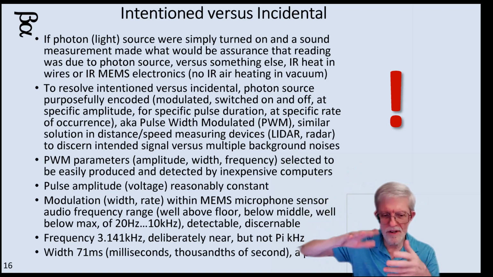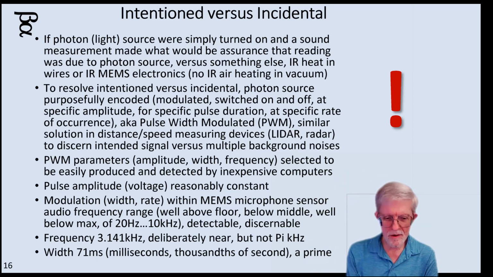So that would be something in the 20 hertz to 10 kilohertz range. And the frequency that we've chosen is 3.141 kilohertz. It's deliberately near, but not exactly, pi kilohertz. Now that was purposefully selected as it's an oddball number.